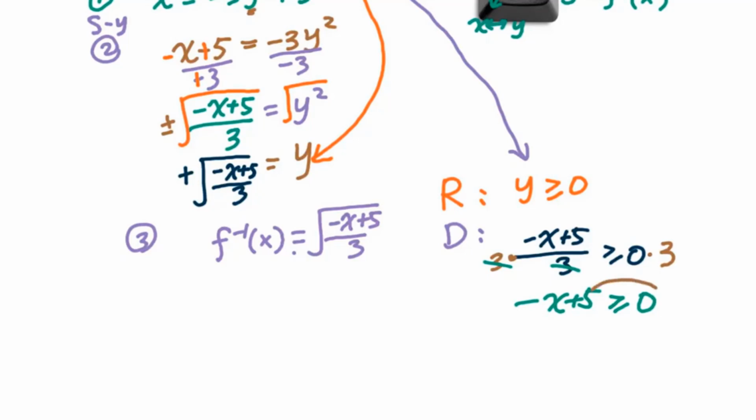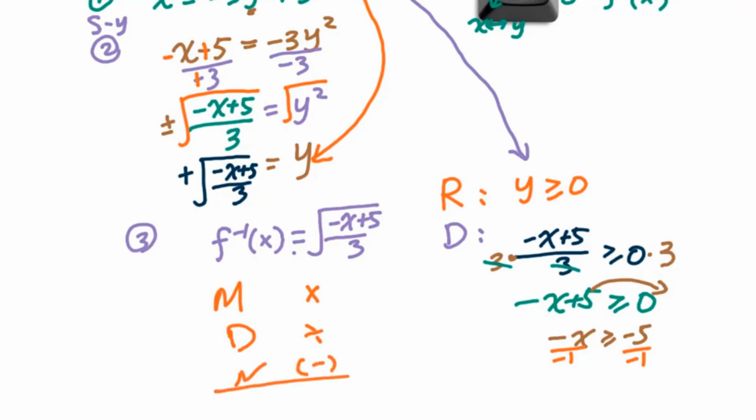Then we subtract 5 from both sides and divide by negative 1. Remember that when you multiply or divide by a negative number, you have to switch the symbol.